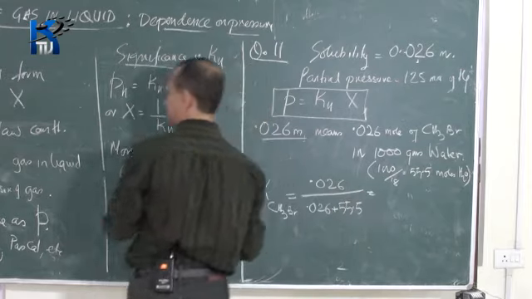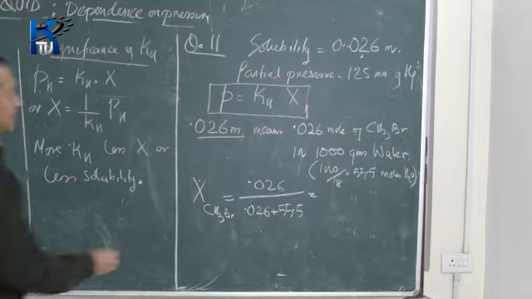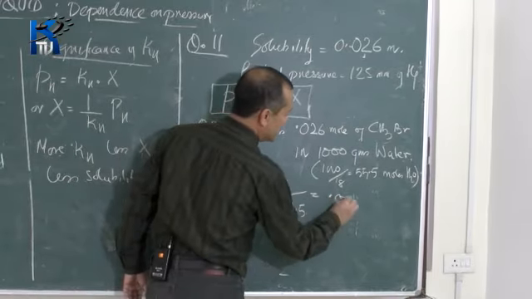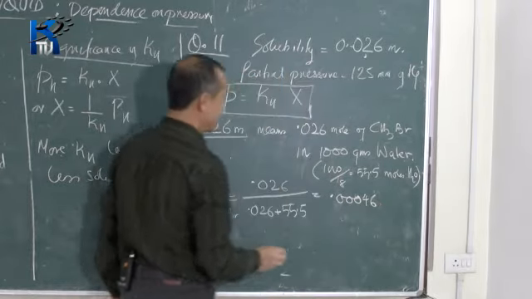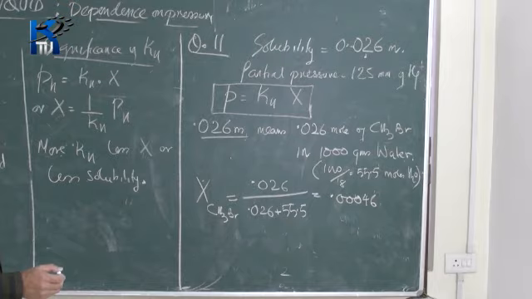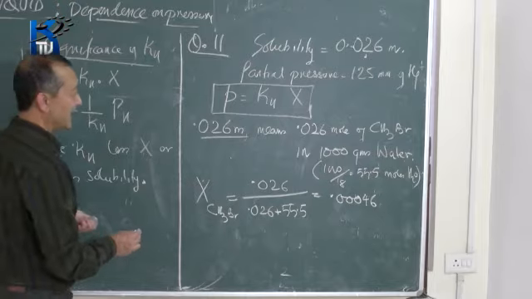Let's solve this mathematical sum. It comes to 0.00046. This is the mole fraction of methyl bromide in the solution.